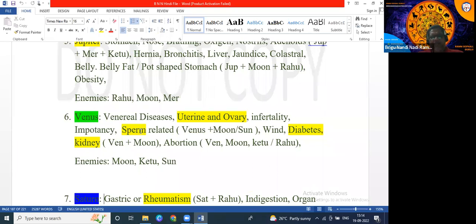Moon is breast. And for cataract and these problems, the native will have to undergo surgery if Sun and Ketu or Moon and Ketu are together. Cataract related problems, so the native will have to undergo surgery.